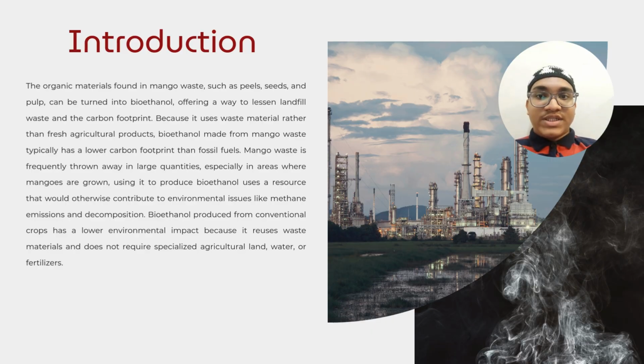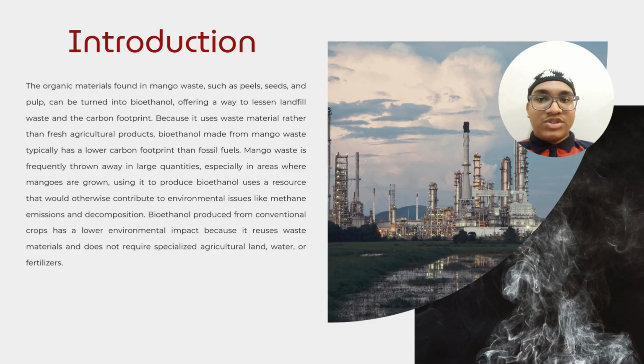For the introduction, the organic materials found in mango waste, such as peels, seeds, and pulp, can be turned into bioethanol, offering a way to lessen landfill waste and the carbon footprint. Because it uses waste material rather than fresh agricultural products, bioethanol made from mango waste typically has a lower carbon footprint than fossil fuels.